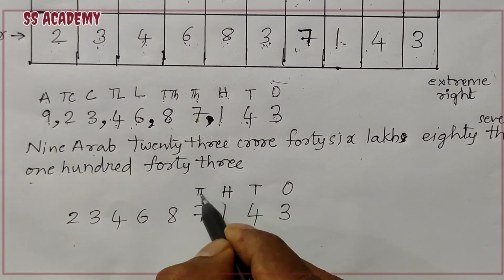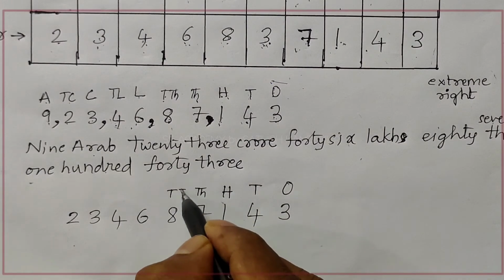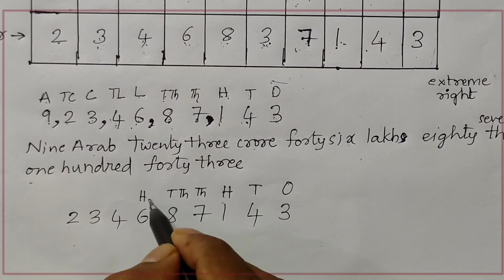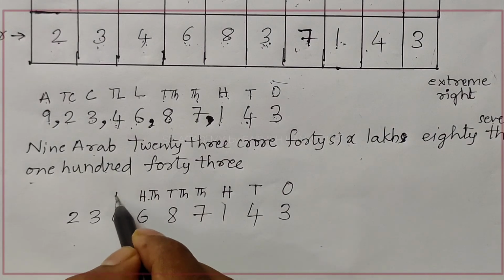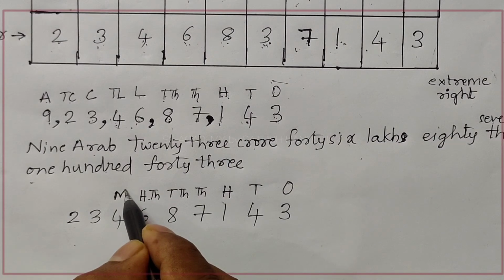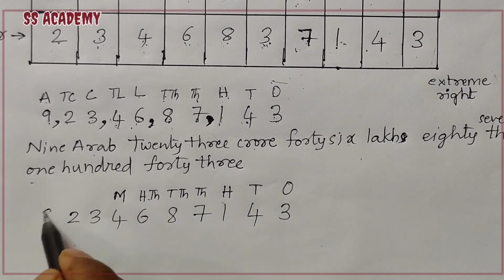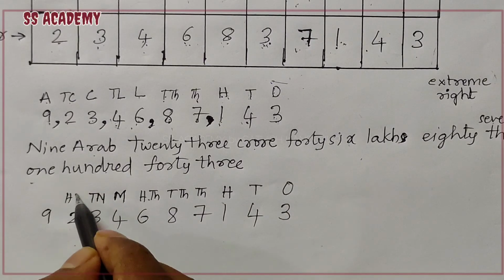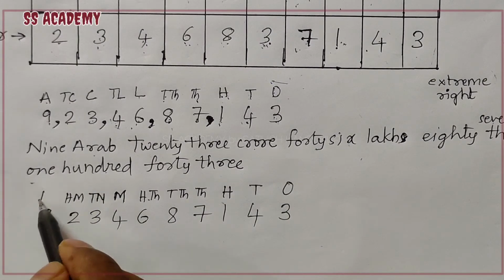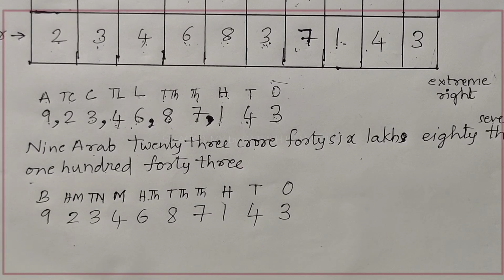After that thousands, 10,000s, 100,000s. After that millions, 10 millions, 100 millions, and finally billions.